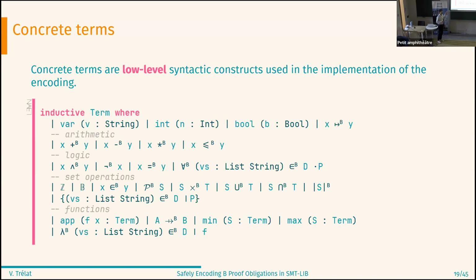I did similar things for the SMT-LIB language, but I don't have time to show both. I have variables as strings, integers, booleans, pairs, arithmetic, logic symbols, set operations, function symbols, and so on. I have three kinds of binders for all, set comprehension and lambda. They all have the same type, list of string, term to term. So they are bounded binders because they all take a limit.